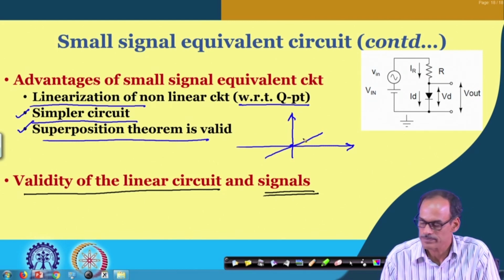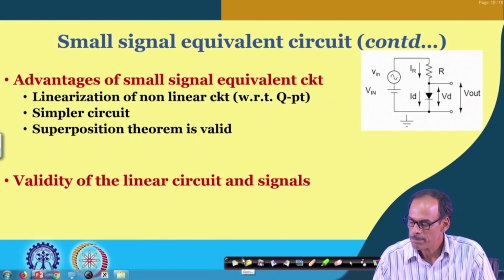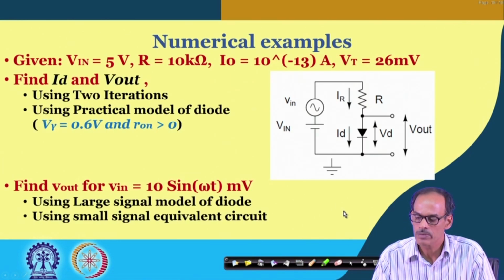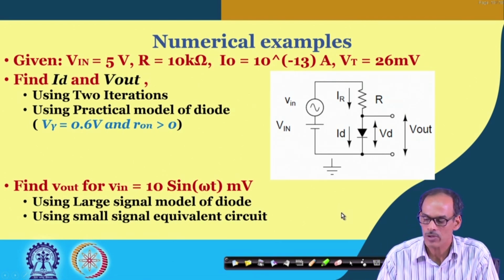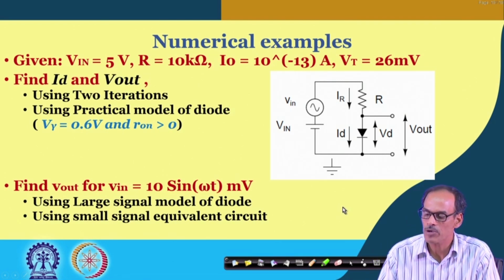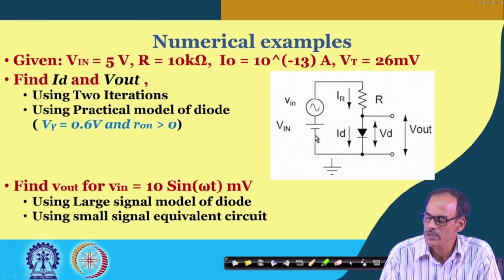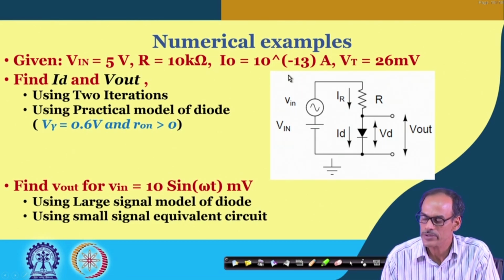I think what you can do is try to take this numerical problem and solve it. I have framed this numerical problem slightly; I have changed this voltage and kept the rest as is.